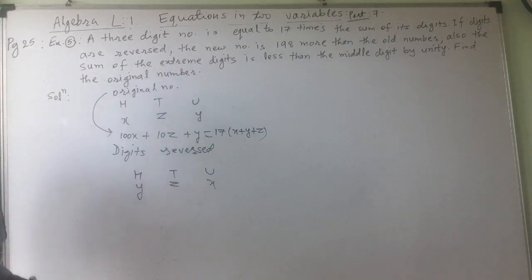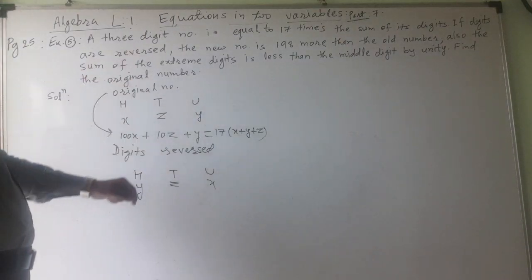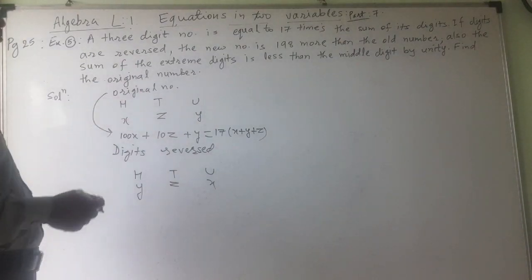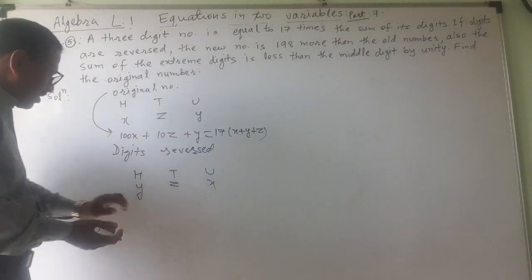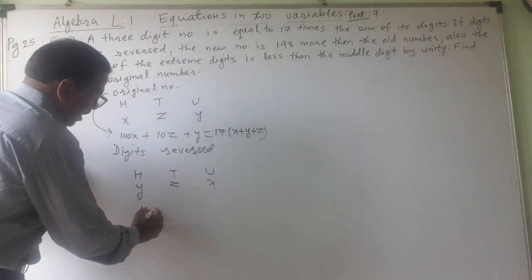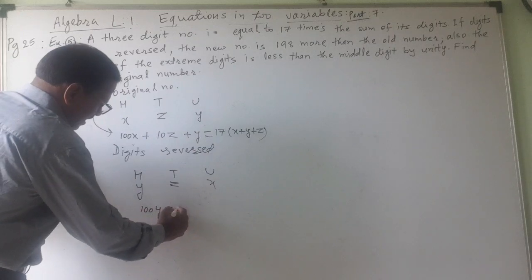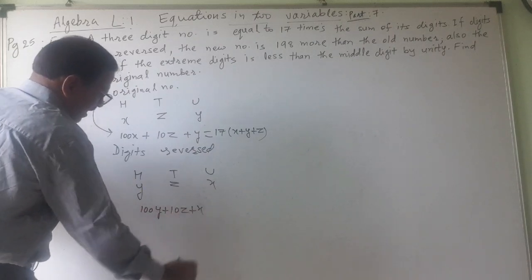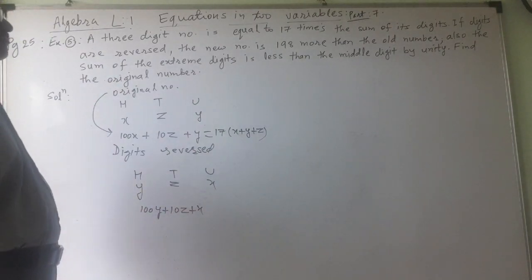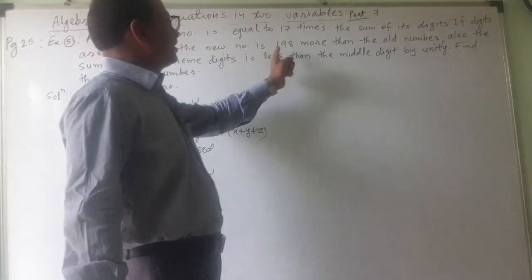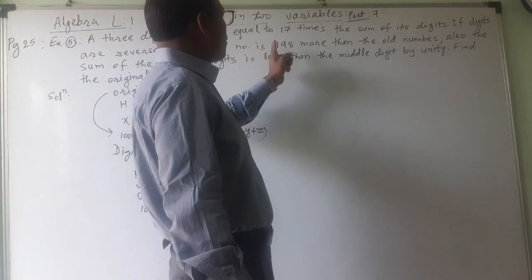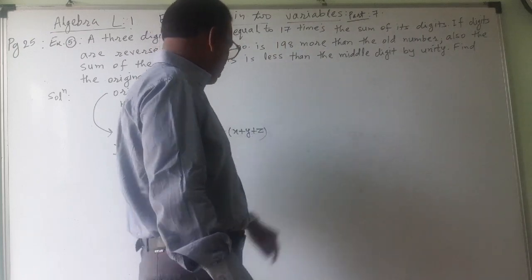Then what happens? If the digits are reversed, the new number is 198 more. This new number will be 100y plus 10z plus x. This is more. By how much is it more? 198 more than the old number.